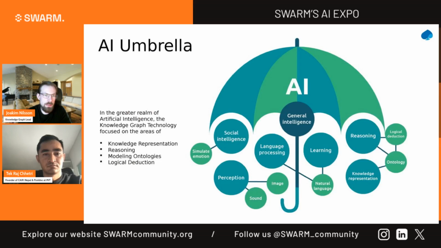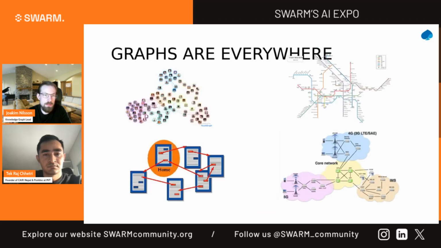It is under the AI umbrella as well, within areas such as knowledge representation, reasoning, ontologies, and logical deductions. And graphs are truly everywhere. We see it in road networks, where you can run algorithms to predict shortest paths between stations.